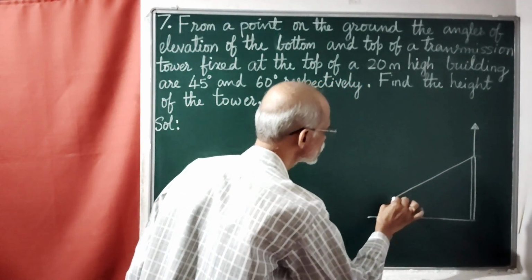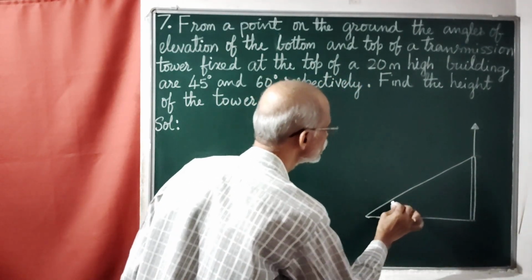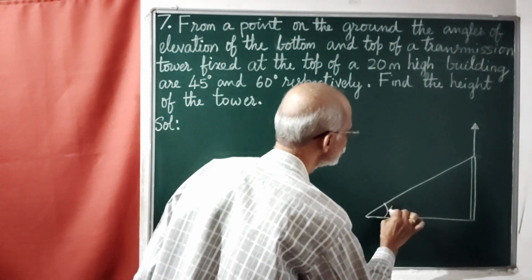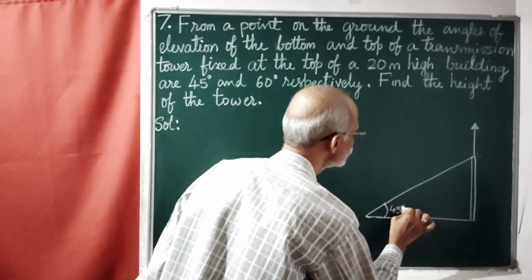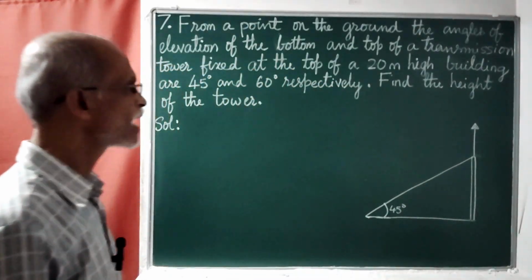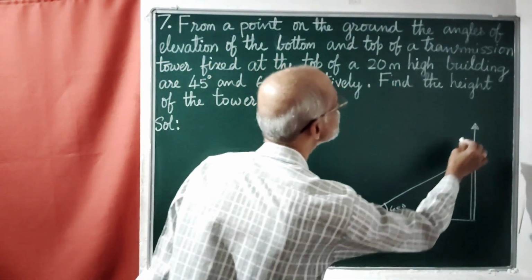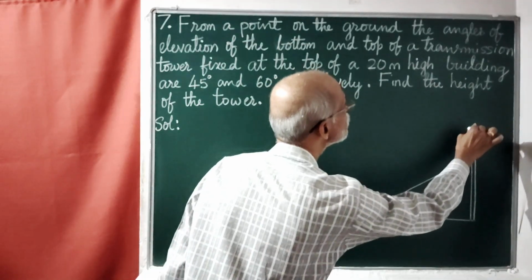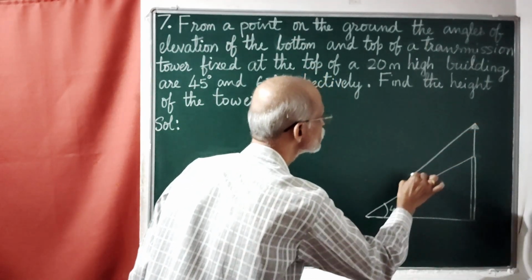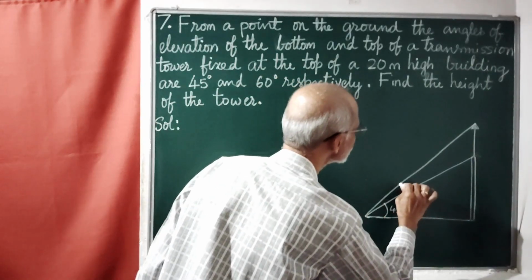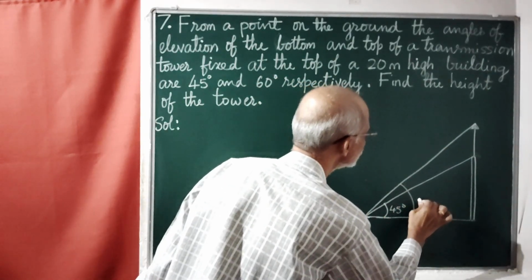So angle of elevation is 45 degrees. And the angle of elevation to the top of the tower is 60 degrees.